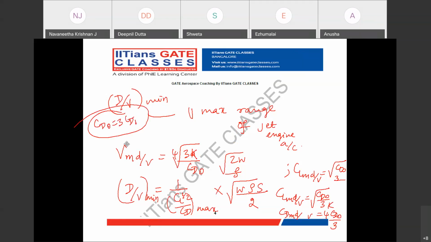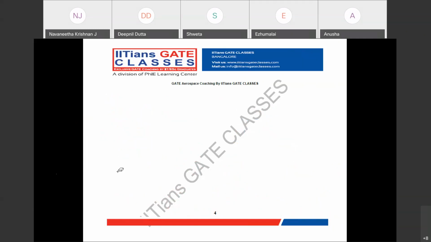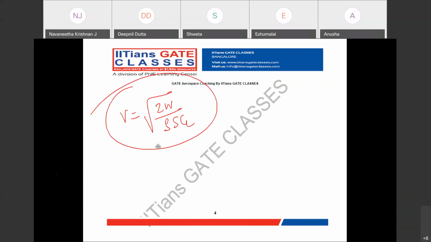Now we'll see how various parameters like lift coefficient and drag coefficient affect my velocity, drag, and power required. The effects of weight and density on various parameters. First, velocity. We all know that velocity equals root of 2W by rho S CL.